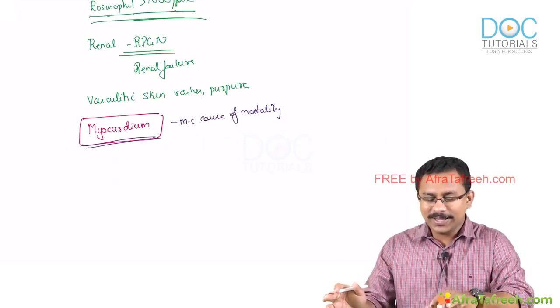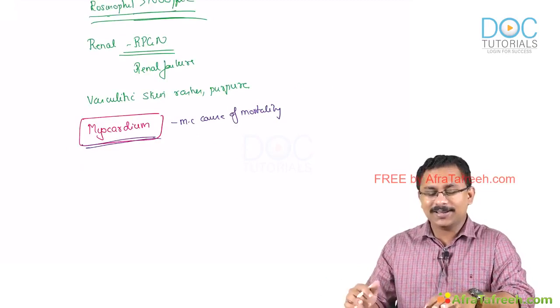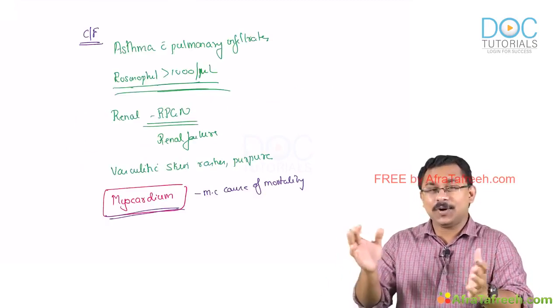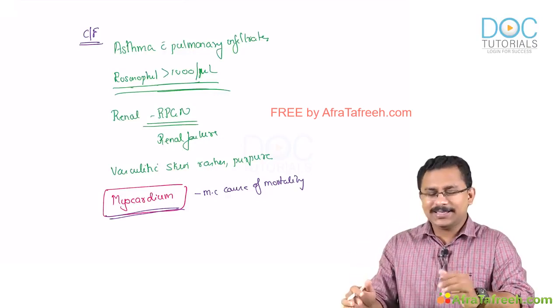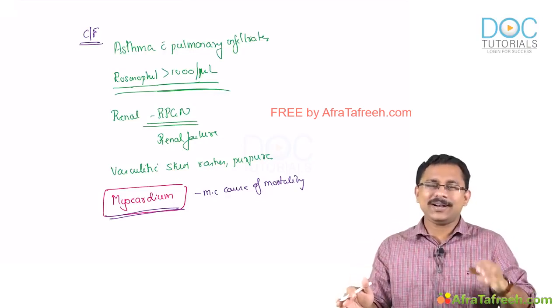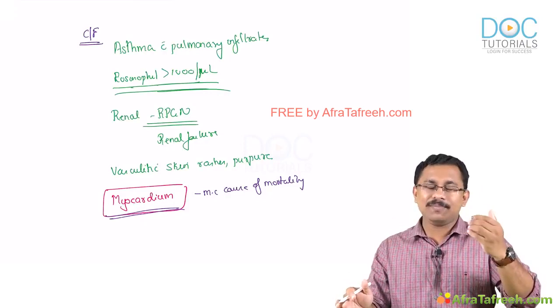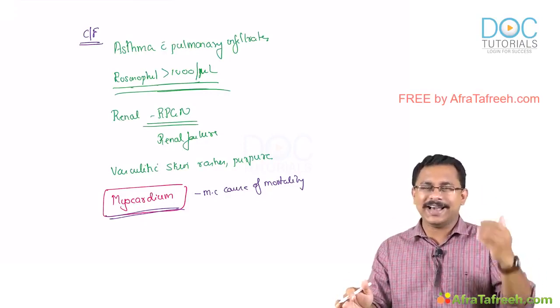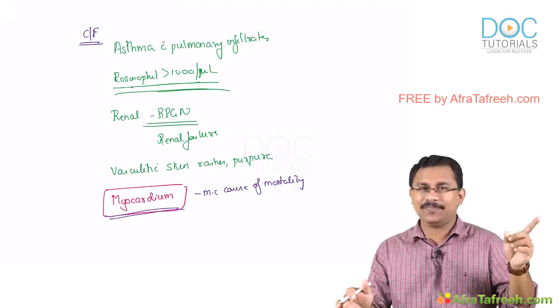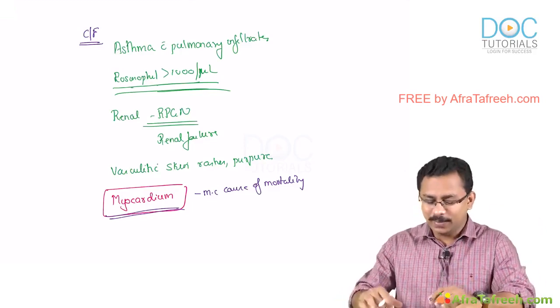Okay, so we have seen the important small vessel vasculitis, which are related to ANCA. I'll just show you one table where we are trying to compare the three important ones, that is your microscopic polyangiitis, granulomatosis polyangiitis and PAN. Okay, not the eosinophilic granulomatosis.